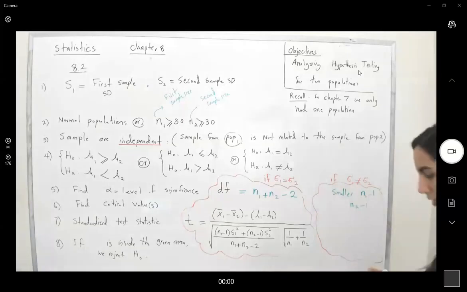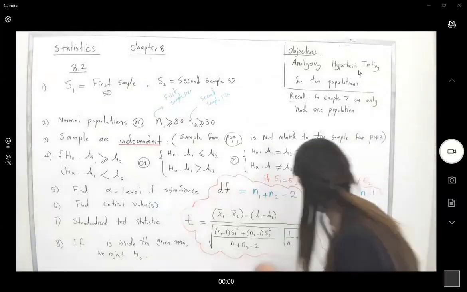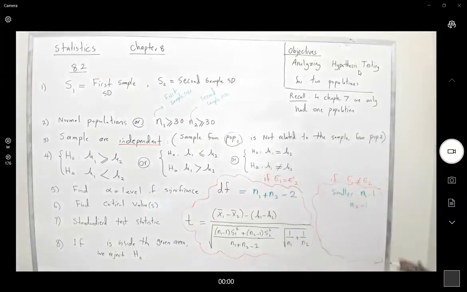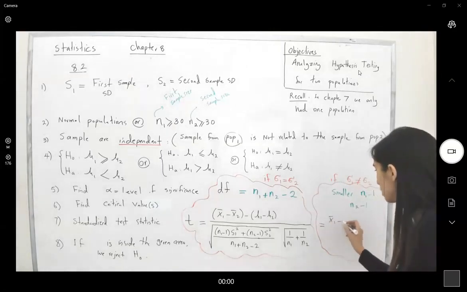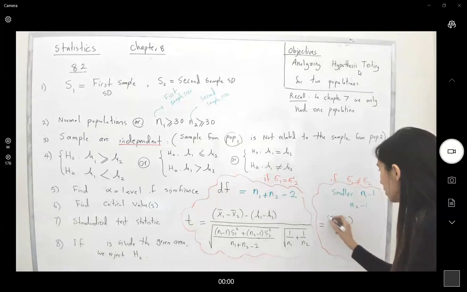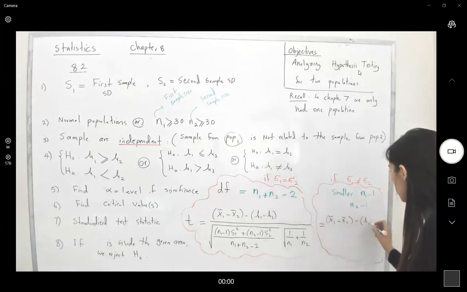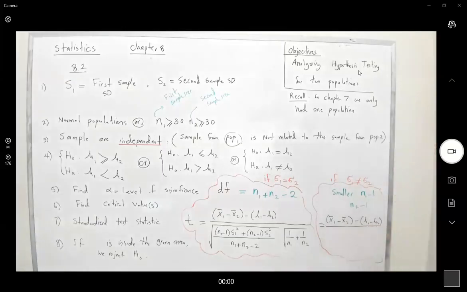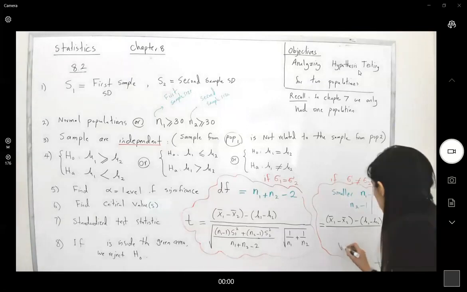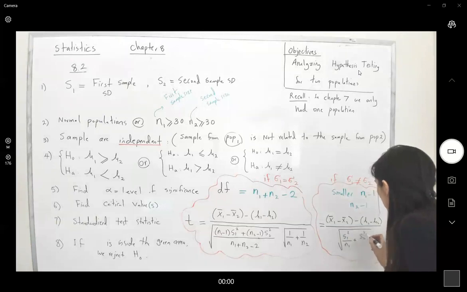And the standardized test statistic T is equal to, so the numerators are the same, x1 bar minus x2 bar minus mu1 minus mu2, divided by the square root of s1 squared over n1 plus s2 squared over n2.